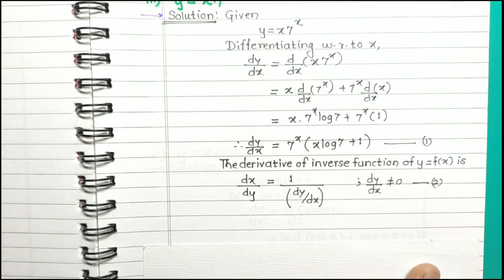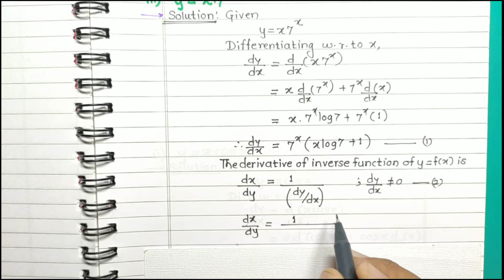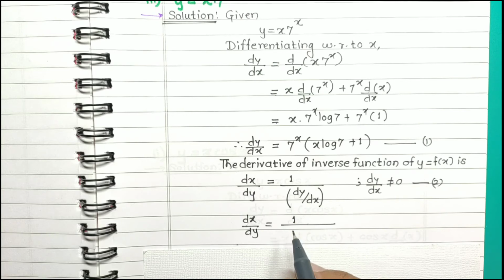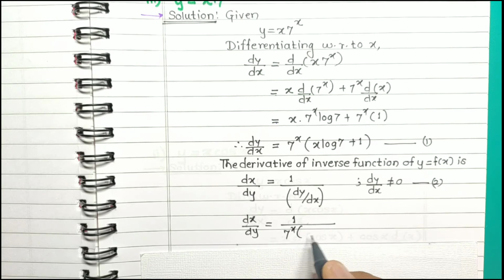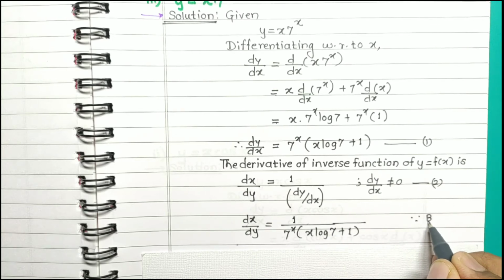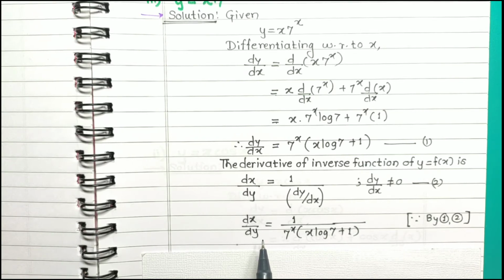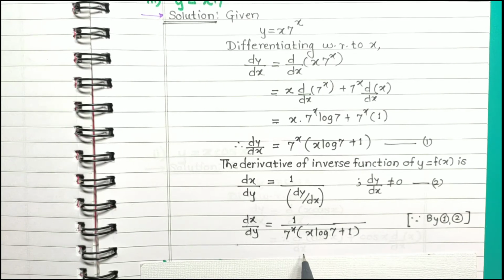So from 1 and 2 we have dx by dy is equal to 1 upon dy by dx, which is 7 raised to x into x log 7 plus 1. So this is by 1 and 2. This is the required derivative of the inverse function of the given function.